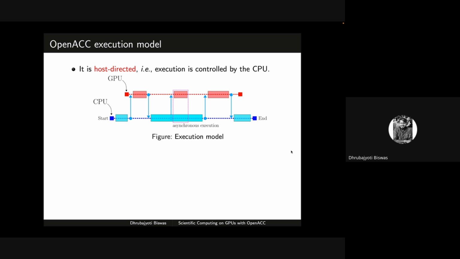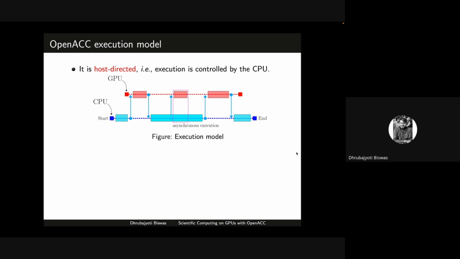And if you don't want to wait, you can asynchronously execute something and then again wait for the GPU to come back for some other calculation. So basically this is the way. If you have some algorithm, you have to think which parts can be done on the GPU, and also while doing that part, whether you can do something else on the CPU. So this is the way you can execute this.